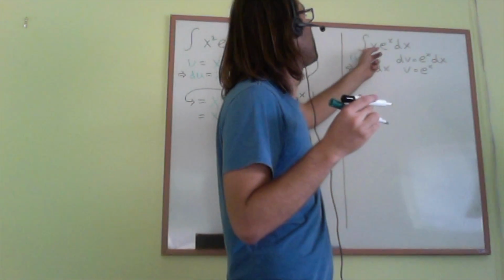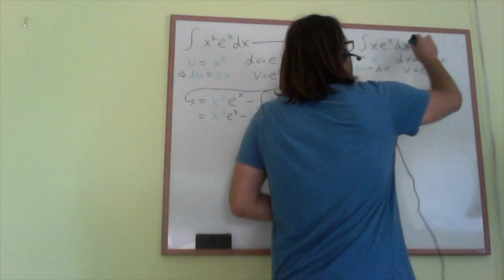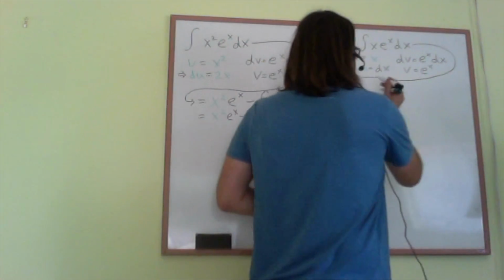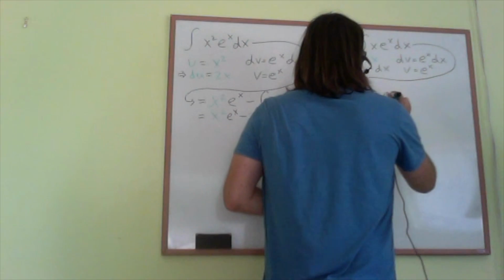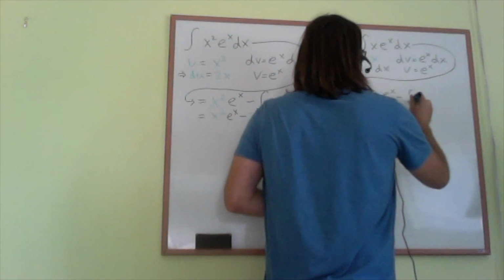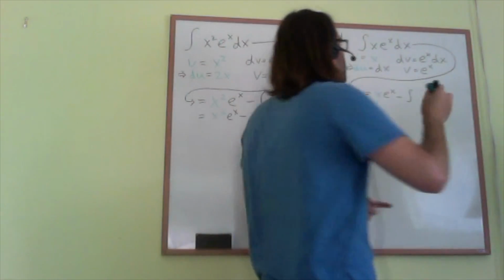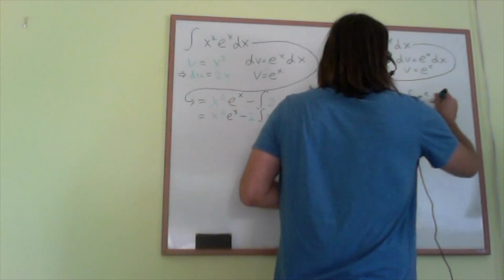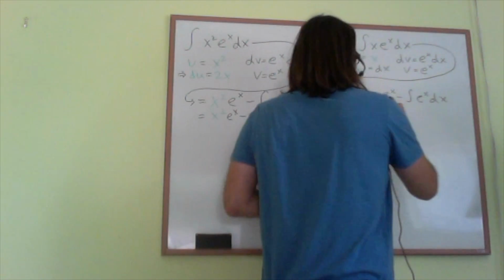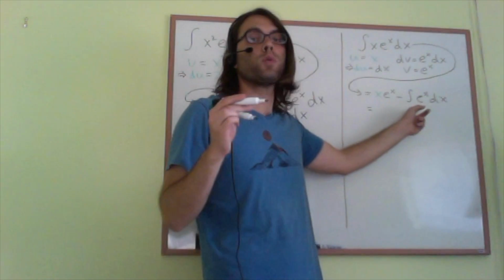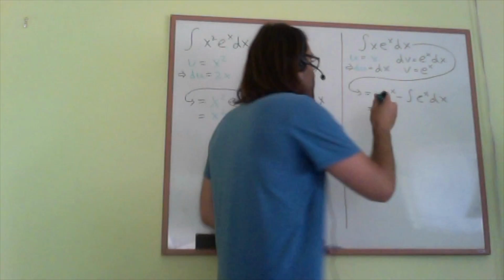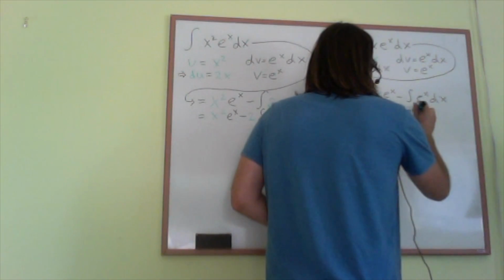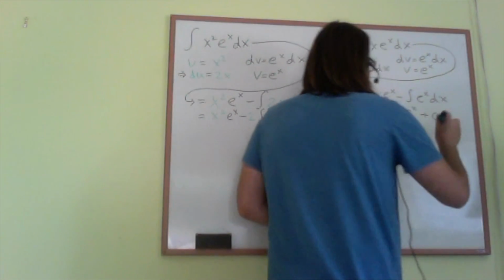So therefore, the integral of x e to the x dx, this is uv minus the integral of v du, which is simply e to the x dx. And we already did this up here. The antiderivative of e to the x is e to the x plus c.